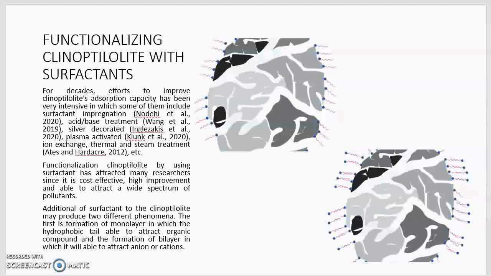If you have an anionic surfactant, you will have a negatively charged clinoptilolite. If you have a cationic surfactant, you have a positively charged clinoptilolite. This changes the surface properties of the clinoptilolite, which originally is negative in charge. This is how we tackle different spectrums of pollutants, which vary from anionic dyes, cationic dyes, or other organic compounds that we would like to attract.